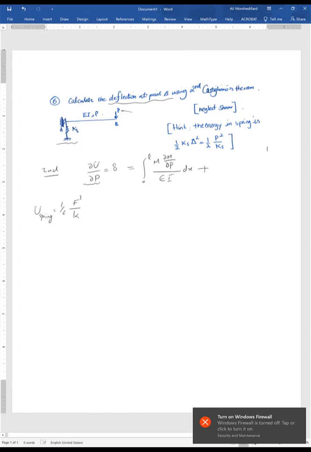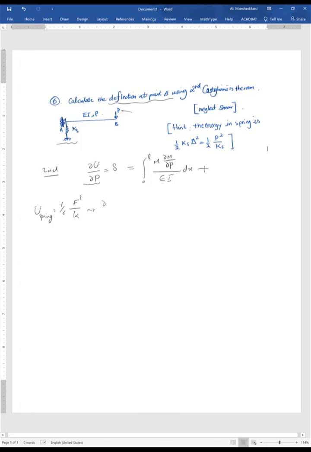What we want is partial U partial P, so I have to actually calculate the derivative of the energy of a spring with respect to P, which becomes F partial F partial P over K. F is the force in the spring, something we calculate as a function of P. So we'll see how we calculate that soon.